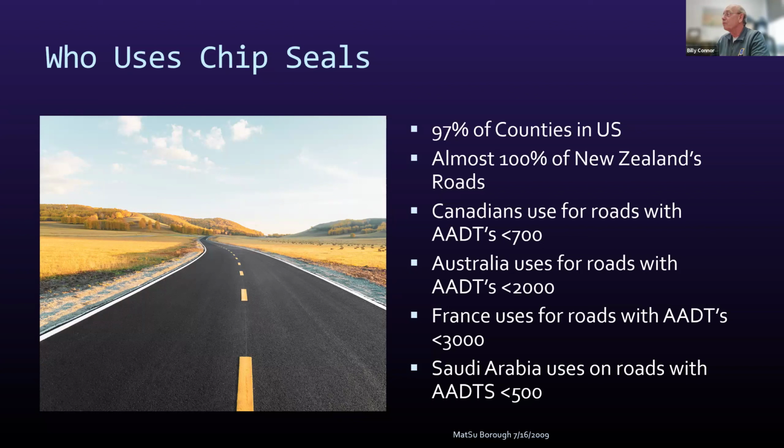Canadians use chip seals for less than 700 ADT. Australia uses it for less than 2,000, and I expect that's because of the differences in climate. France uses it for ADTs of less than 3,000, and Saudi Arabia, less than 500. So we're seeing chip seals used on a worldwide basis. I wouldn't be afraid to use it, but we will need to make sure that we do it properly.